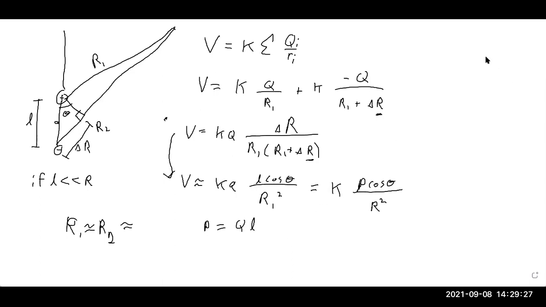What happened to negative Q from the second line to the third line? I guess there were several algebra steps going from the second line to the third line. It turns into KQ times 1 over R1 minus 1 over R1 plus delta R, where I should be consistent and just keep this capitalized.